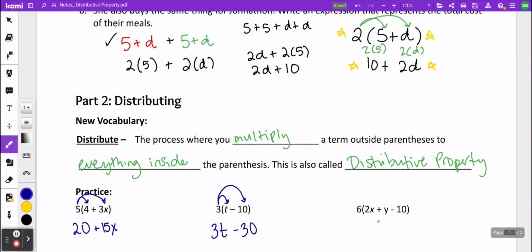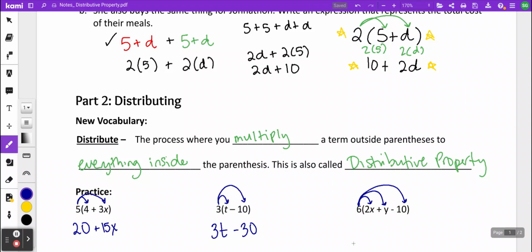For that last one, it looks a little different, but it's the same idea. I'm taking what's outside my parentheses and multiplying it to everything inside. So here, there's not 1, not 2, but 3 multiplication problems because there's 1, 2, 3 terms inside the parentheses.